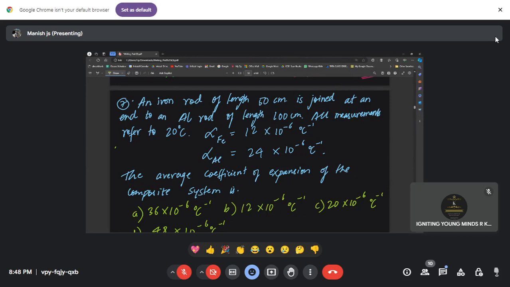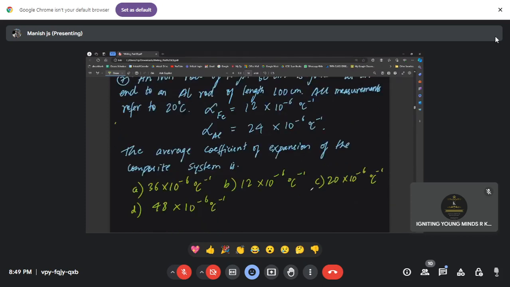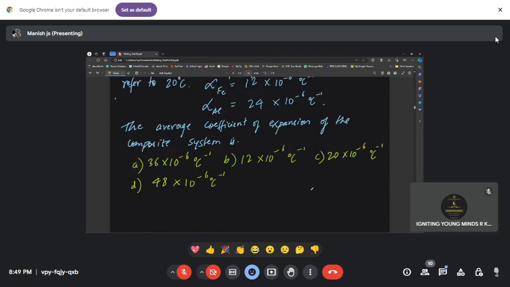So if you calculate the length of the rods, what do you get, children? The reference when they are giving is always 20 degrees Celsius, so always you take 100 as your final temperature. The initial temperature only is 20. Until specified, you take the final temperature as 100 degrees only. That's the reference.